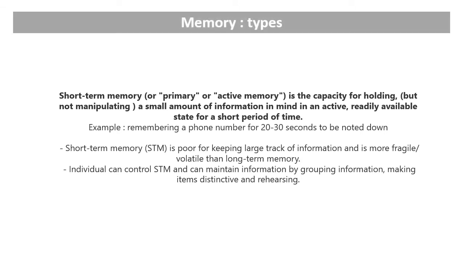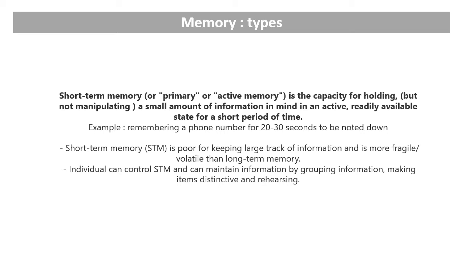Now coming to one of the most important types of memory, the short-term memory, right? Short-term memory is the memory which is available for a short period of time, say 20 to 30 seconds.